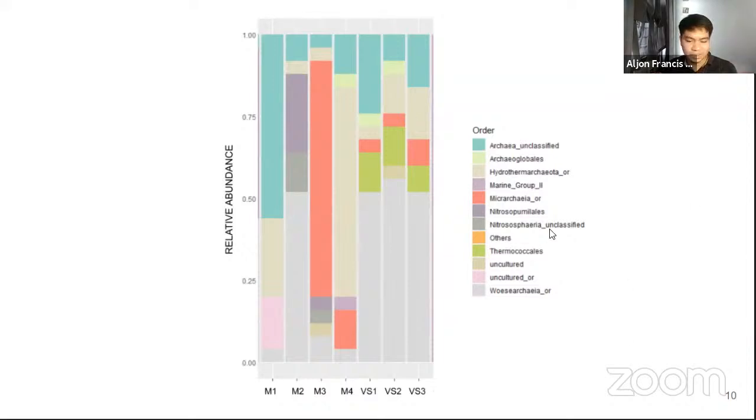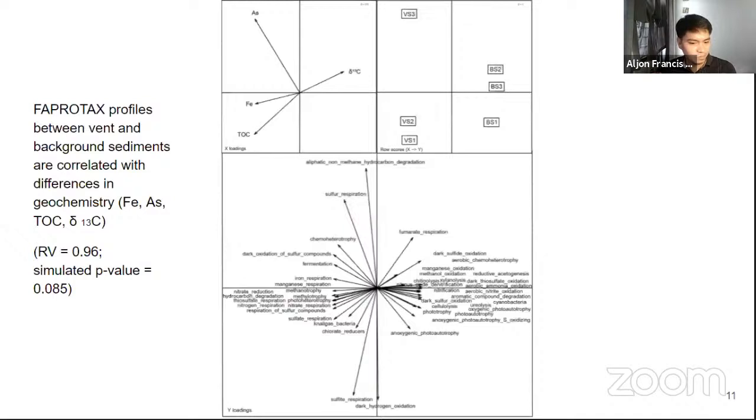So now that we know what microbes are present, what do these microbes do? So we tried to take a peek by annotating their known function in databases. We were able to do that thanks to this tool called FAPROTAX, or Functional Annotation of Prokaryotic Taxa. So we see some very interesting stuff here. We have methylotrophy, methanotrophy.